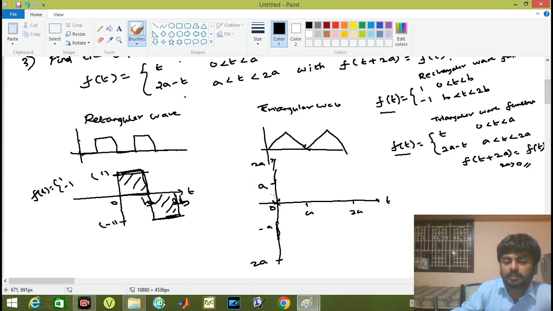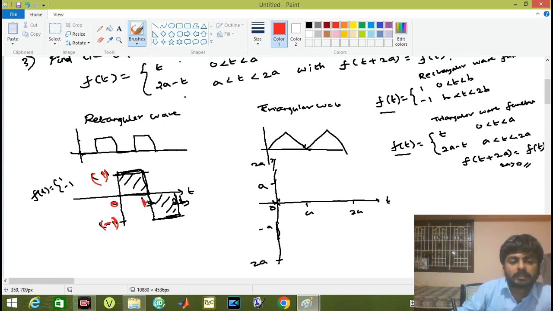So here, I shall use a different color, red. It is 0, -1, and +1. Okay, 0, -1, +1.